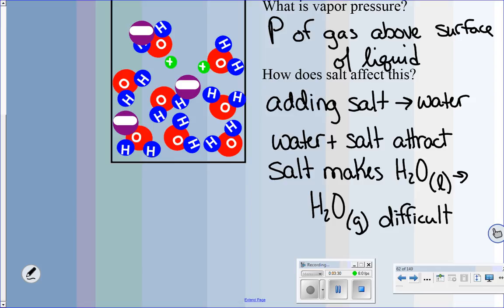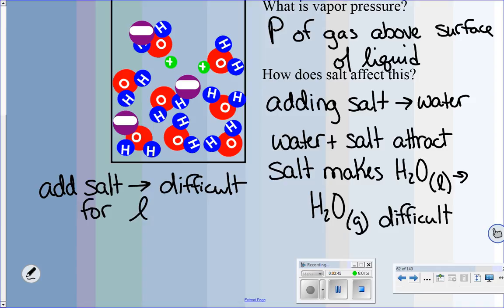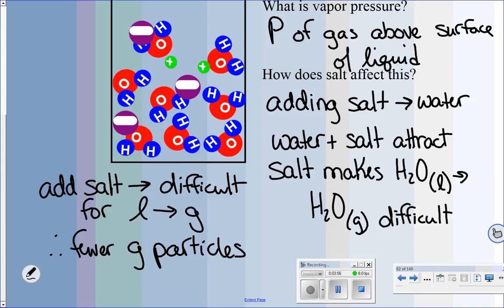So the general idea here is this: when you add salt, it makes it more difficult for water to go from liquid to gas. Therefore, you will have fewer gas particles, which will lower your vapor pressure.